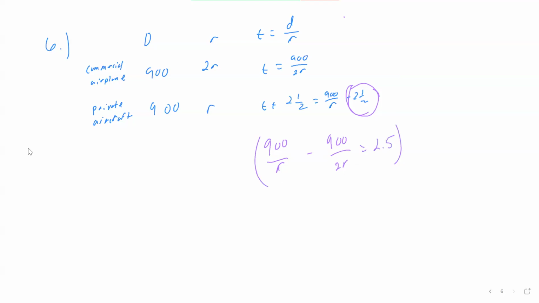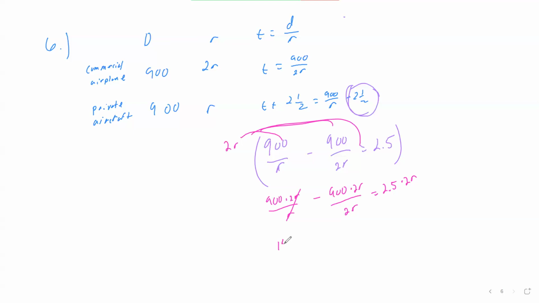Same process. We're going to multiply by 2r. So this gives me 900 times 2r over r minus 900 times 2r divided by 2r equals 2.5 times 2r.